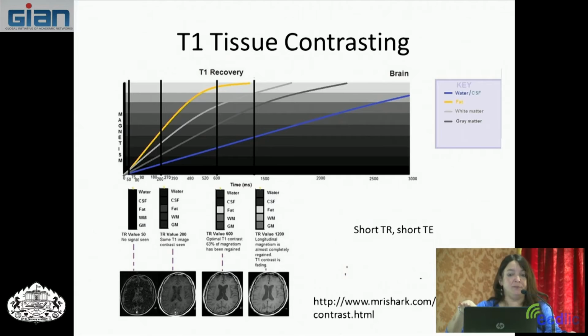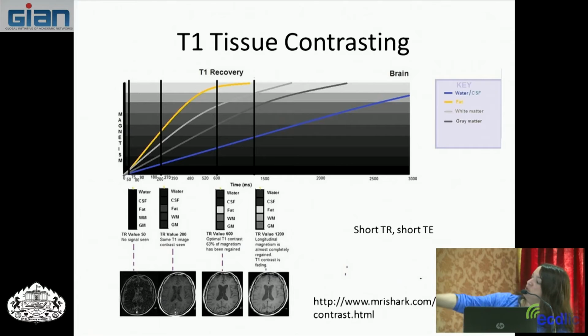Initially, when we tip them, all the tissues are at the same state. Then as they relax back, different tissues will have different speeds of relaxation. So what this is showing here is what the images would look like if we did T1 contrasting at different points along this tissue recovery.